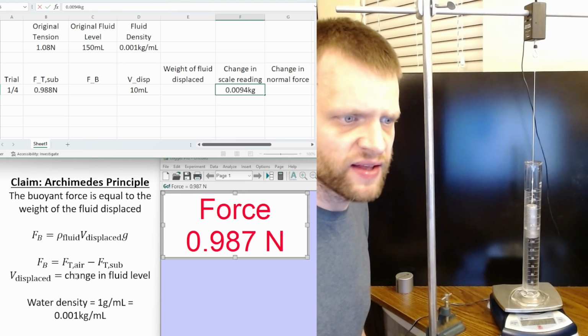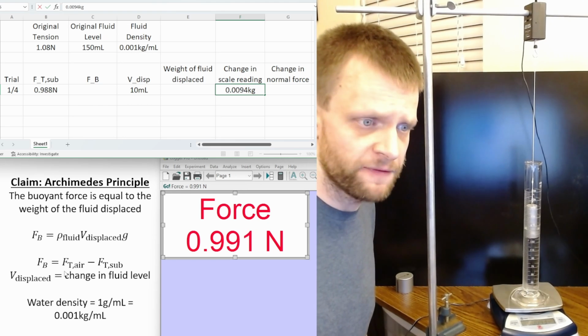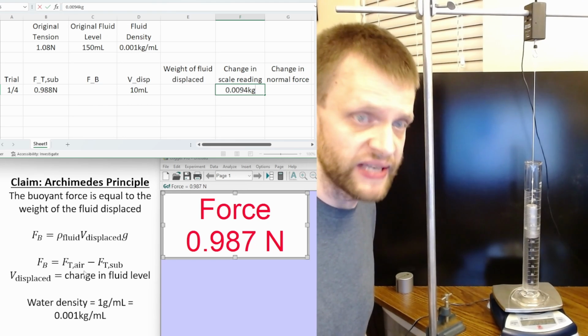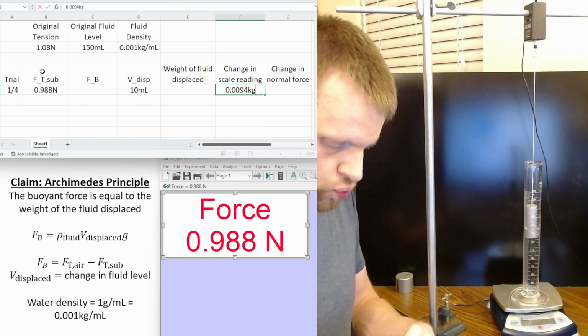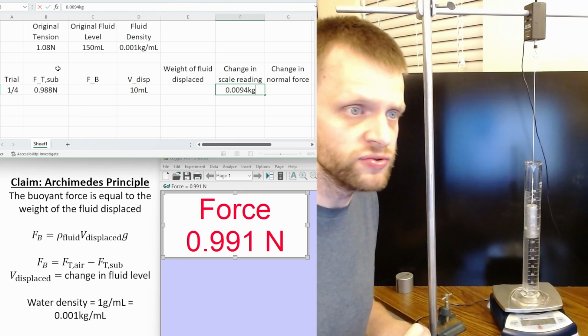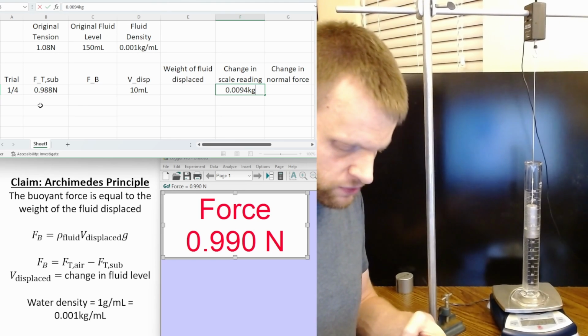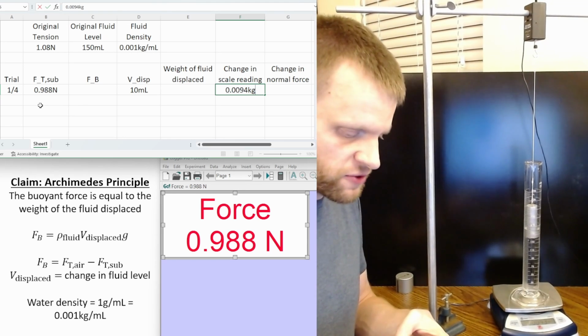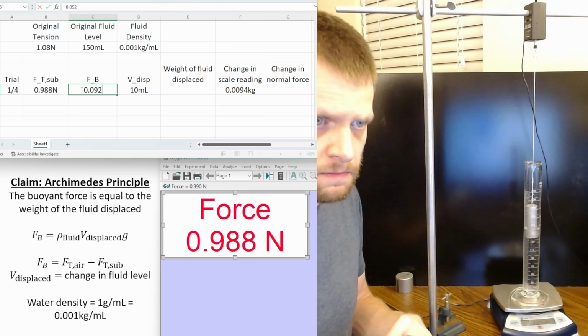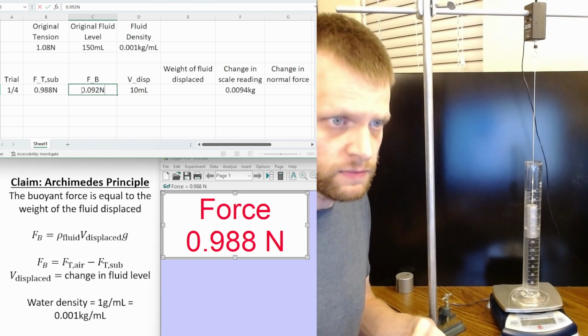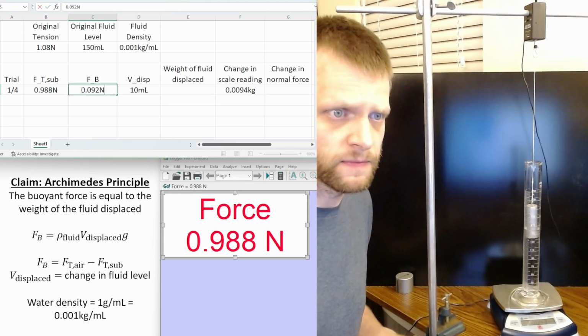We said that the buoyant force should be the difference between the tension when it's in the air and the tension when it's submerged. Our tension in the air was 1.08 newtons, minus our tension submerged, 0.988. I got 0.092 newtons for that difference. Okay.